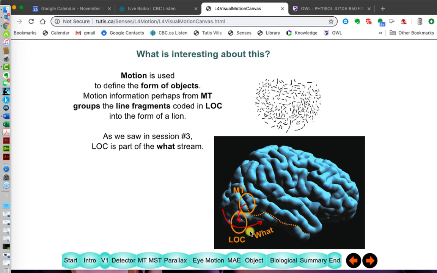And that pattern is the lion. This section, information goes forward, and the object of the lion is recognized. So this is the binding that happens in LOC caused by motion.